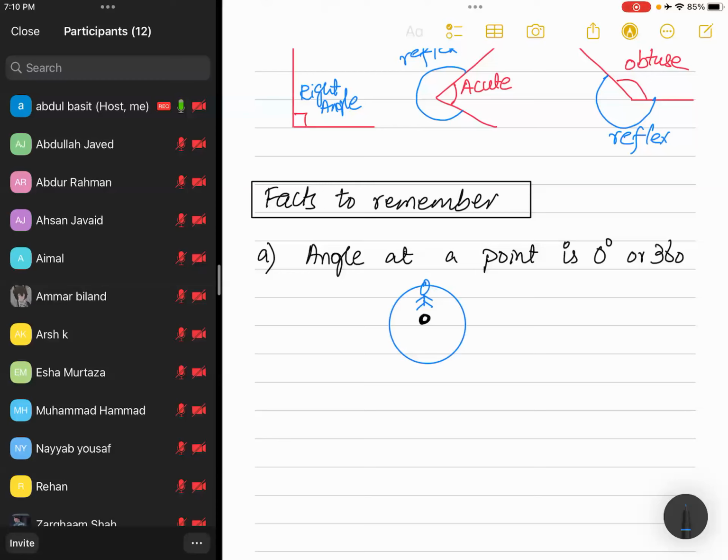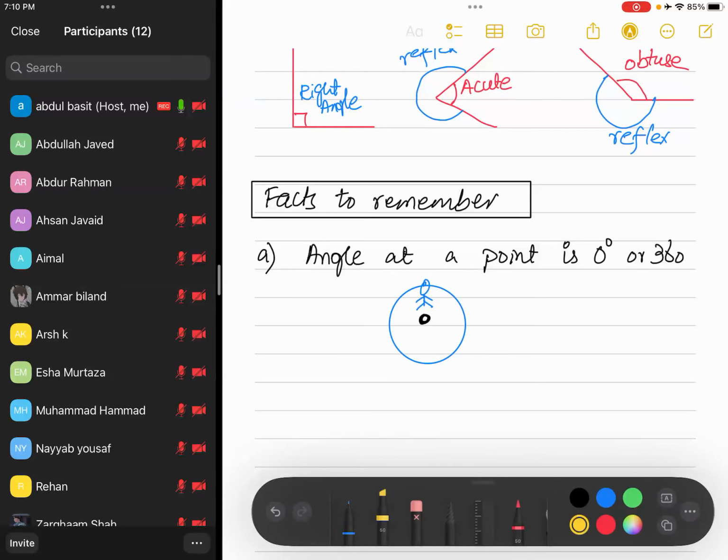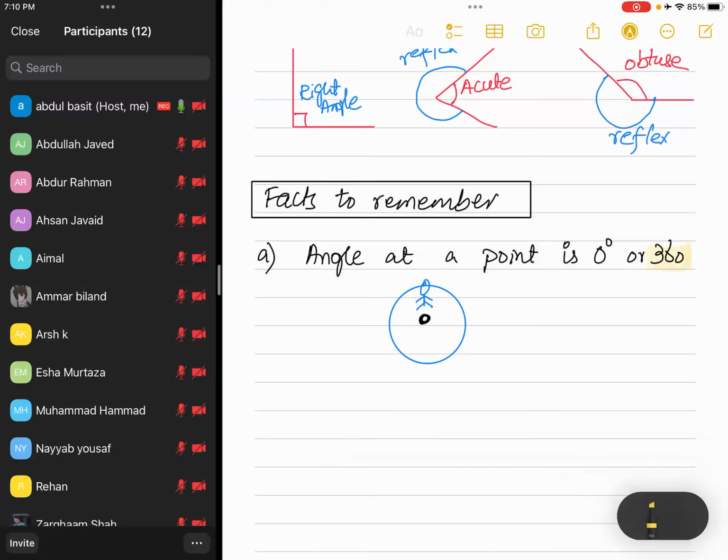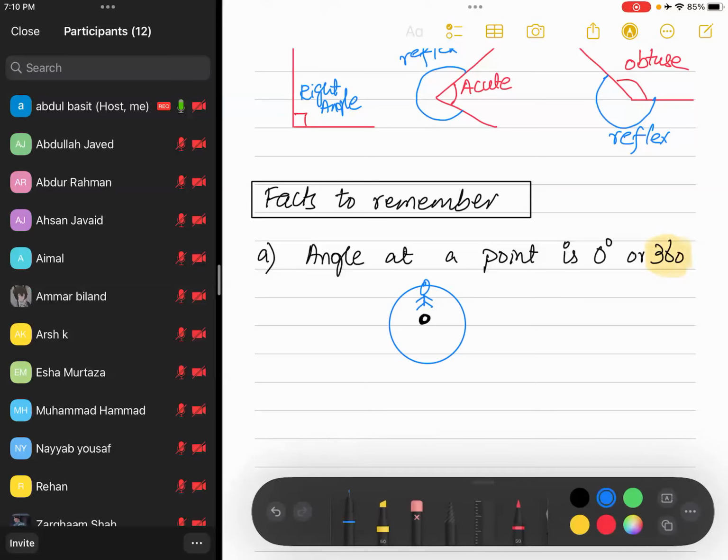Do you agree with me or not? Yes, sir. Or if I do not rotate, I'm still at the same position. Yes or no? So remember that one thing in maths: angle at a point is 360 degrees.